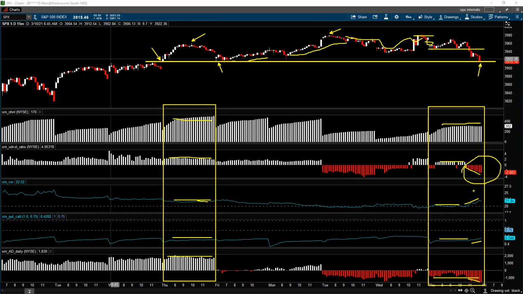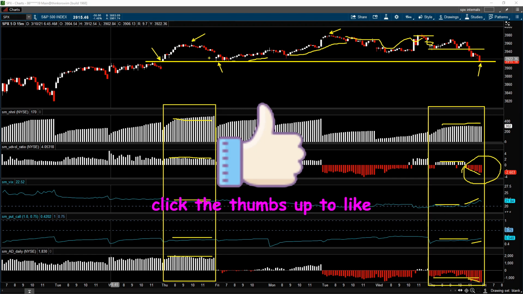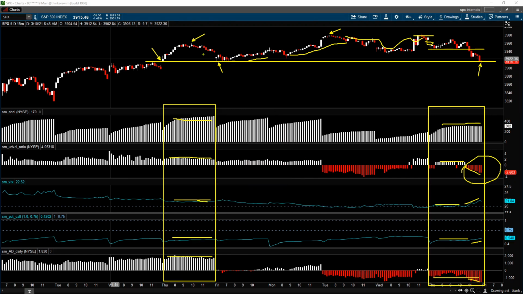We're seeing a little bit more negative tone on today's pullback than last Thursday. Last Thursday it was more concentrated on a selected group of stocks. That's why we're getting a positive up-down volume ratio and also more advancing issues than declining issues.